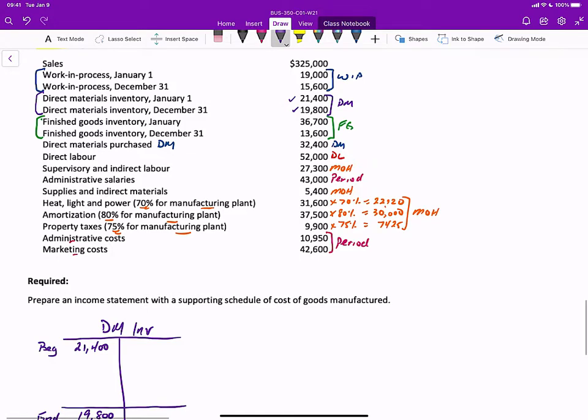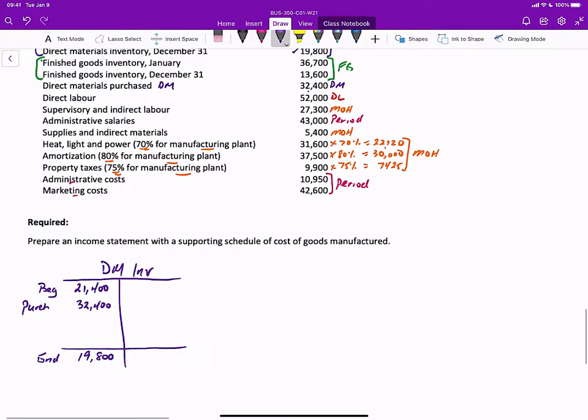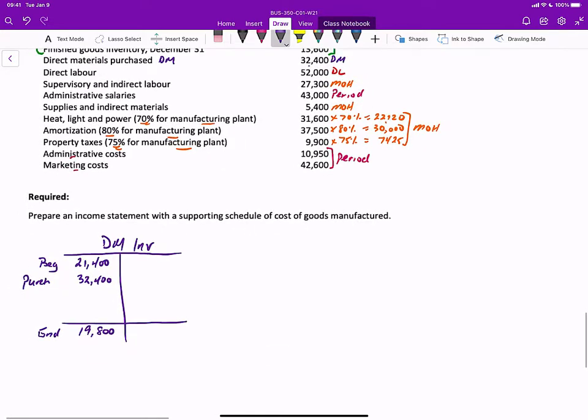What we know is that during the period, we purchased $32,400 in direct materials. Now, $21,400 plus $32,400 does not equal $19,800, which means there needs to be a credit in this T account, right? Left side debits, right side credits. And what we can do is, when you do the math, that works out to a credit amount of $34,000. And this must be the DM used.